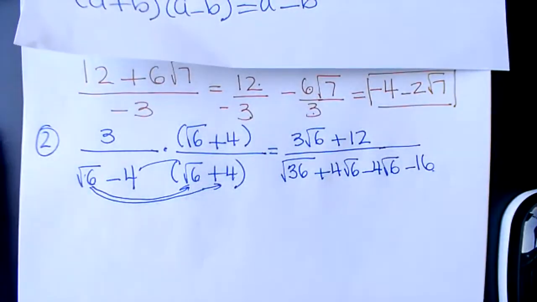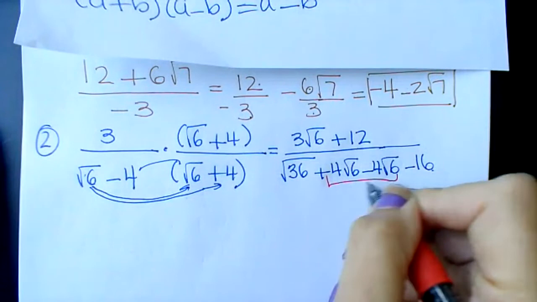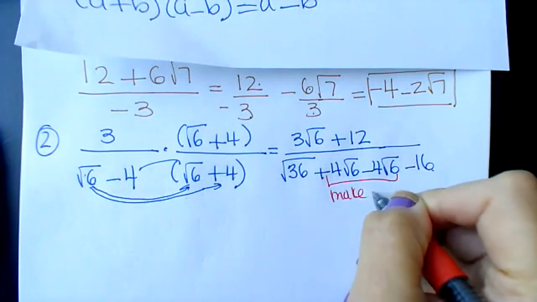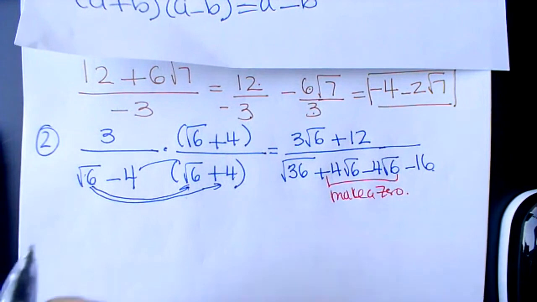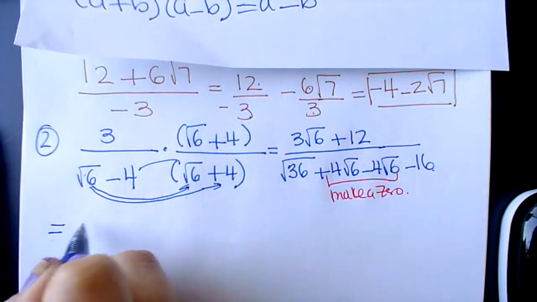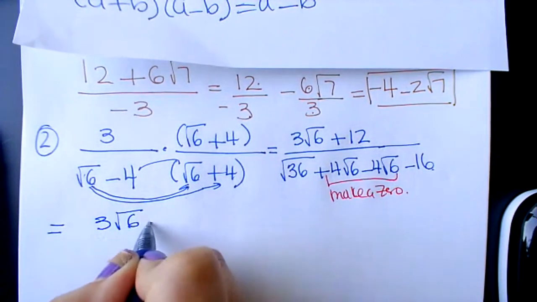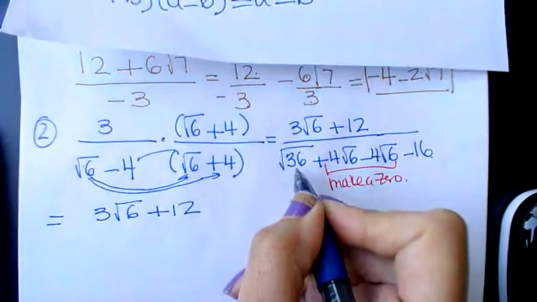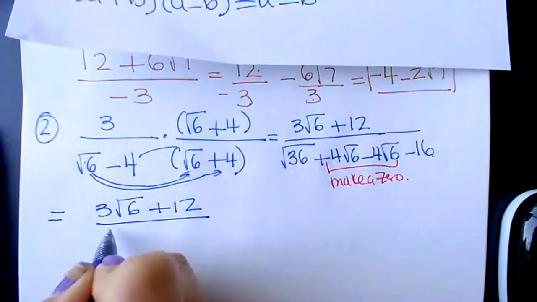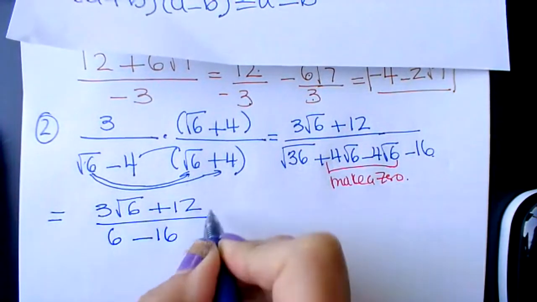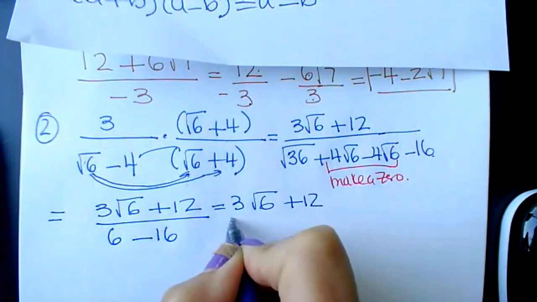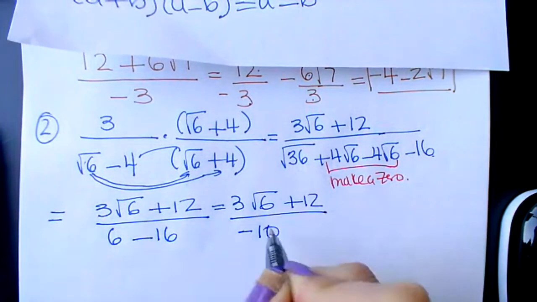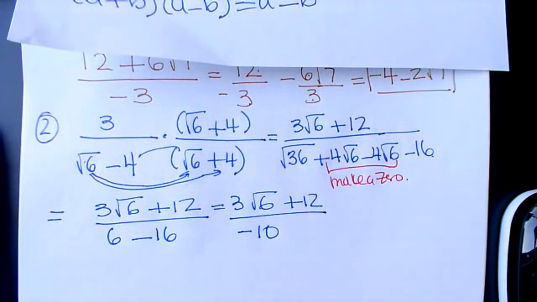So again, we make a 0 here. So what we have is 3 square root of 6 plus 12. Square root of 36 is 6 minus 16. That will be negative 10. And what do we need to do?